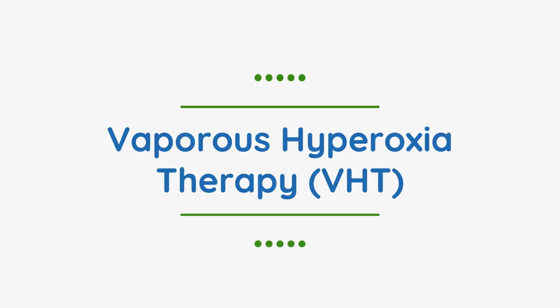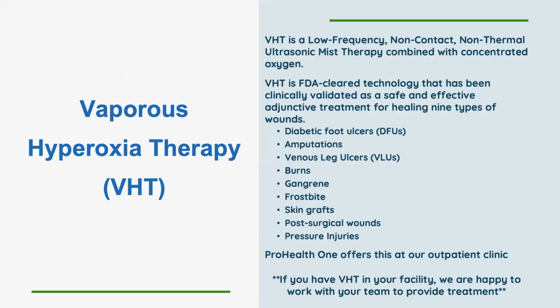Another adjunctive treatment that we offer in our clinic is going to be VHT or vaporous hyperoxia therapy. VHT is a low-frequency, non-contact, non-thermal ultrasonic mist therapy that is combined with high-concentrated oxygen. It's FDA cleared and clinically validated as a safe and effective adjunct treatment for the healing of 9 types of ulcers.